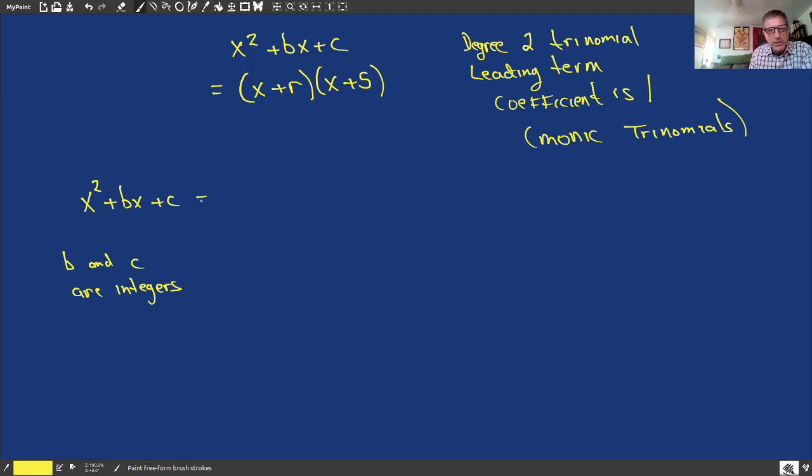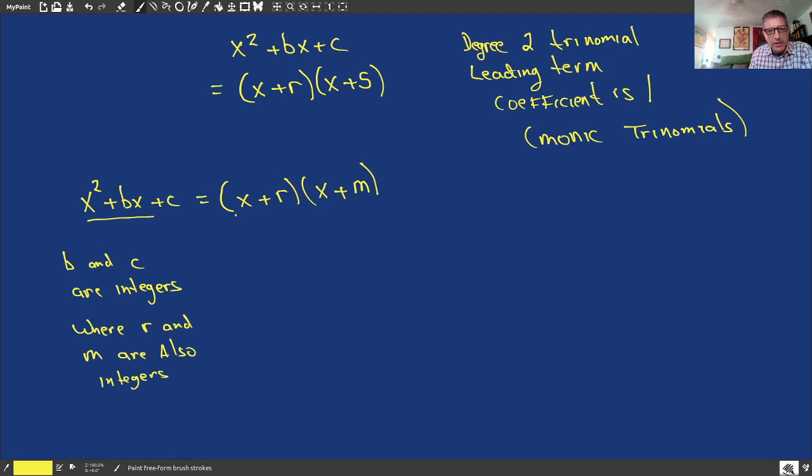And I want it to be equal to x plus r times x plus, I'm going to use m because that s looks a little bit too much like a 5. x plus m, where r and m are also integers. So this is what I have. This is what I want.